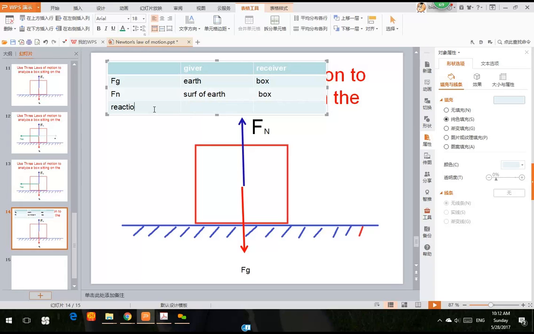If we want the reaction of Fg, you should switch the giver and receiver here, right? You switch that and you switch that. Let me color code this really quick. Here is green and the box is red.